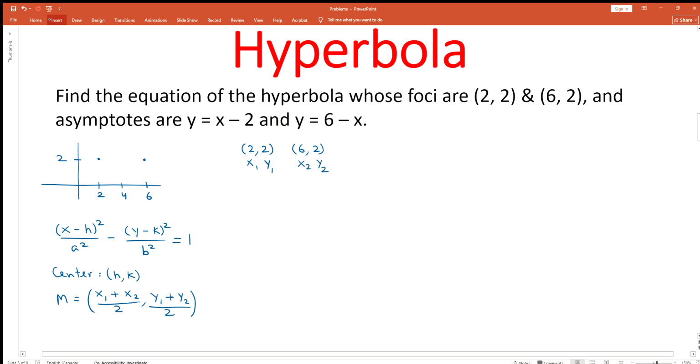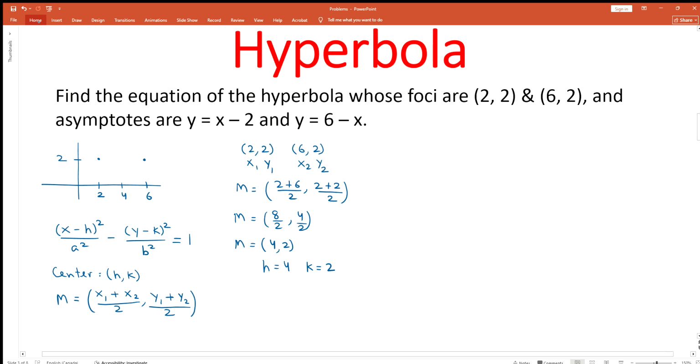We can sub in the values in the midpoint formula. 2 plus 6 is 8, 2 plus 2 is 4, so the midpoint of the line segment joining the foci is (4, 2). So the center of the hyperbola is (4, 2). Therefore, h is equal to 4 and k is equal to 2.